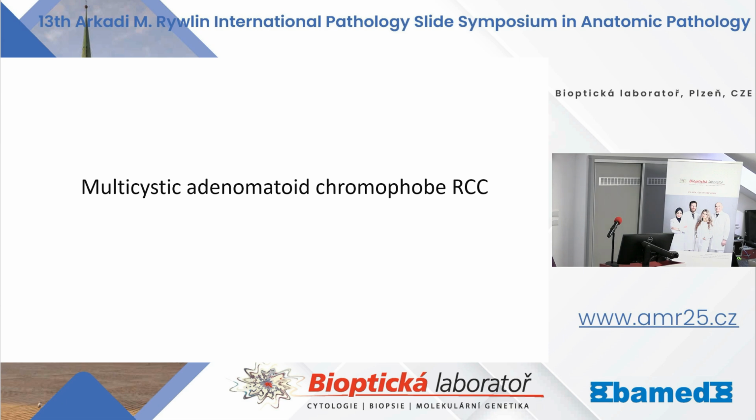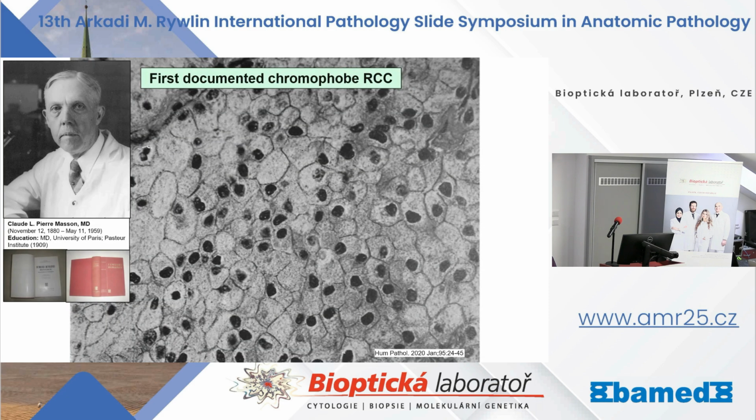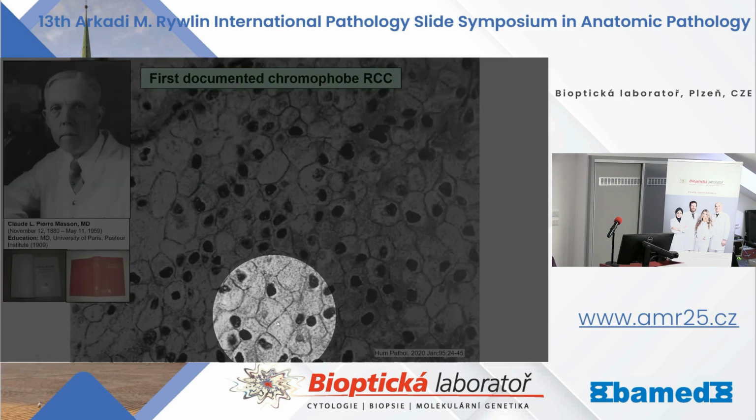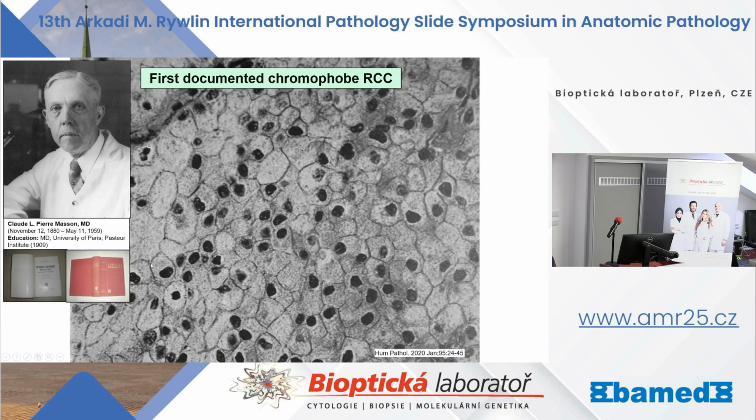In this particular case, we have a special subvariant of this, the microcystic adenomatoid chromophobe renal cell carcinoma. The first documented chromophobe renal cell carcinoma was probably described by Masson in his French book, as you can see here. However, in this book it was not labeled as chromophobe renal cell carcinoma, but he labeled this tumor as hypernephroma or oncocytoma or something in this way.